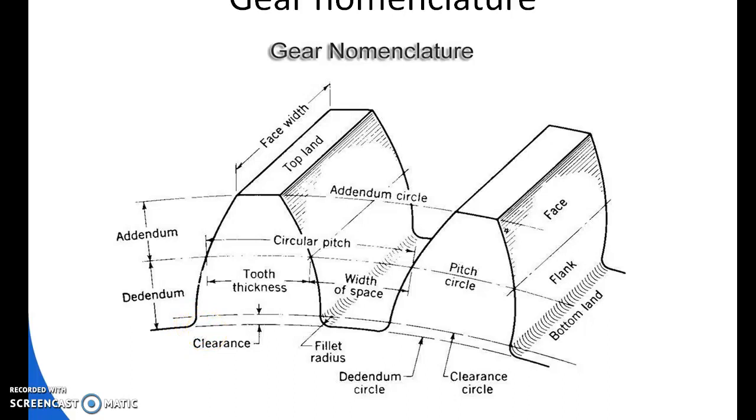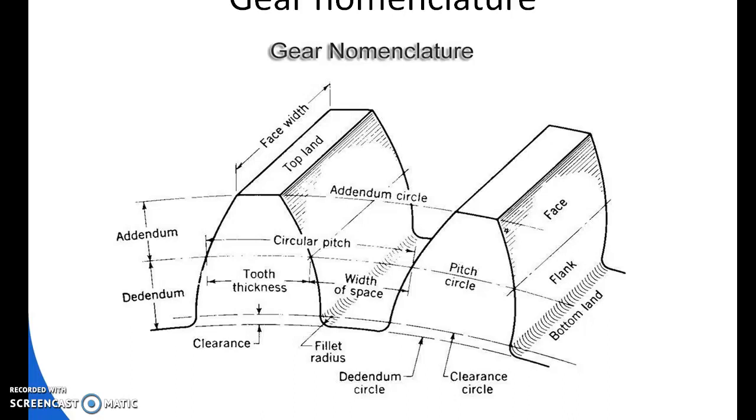Then circular pitch. The distance measured along the pitch circle from a point on one tooth to the corresponding point on an adjacent tooth is called circular pitch. Circular pitch is denoted by Pc, which is equal to pi d by t, where d is the pitch diameter and t is the number of teeth.